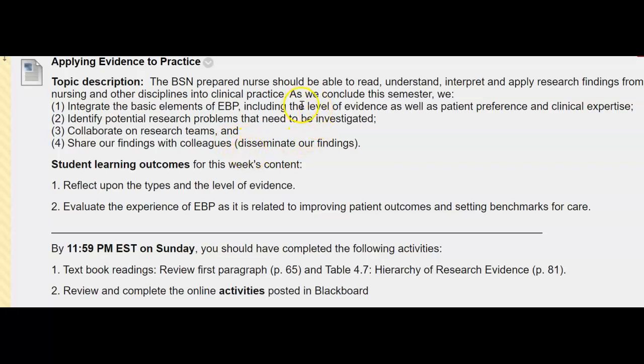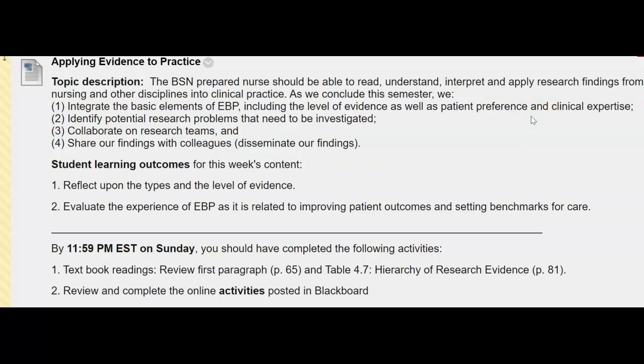So we've done evidence as far as the hierarchy, and when we say patient preference and clinical expertise, that's what I wanted to add in here, on page 65.